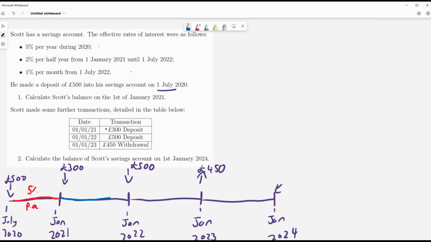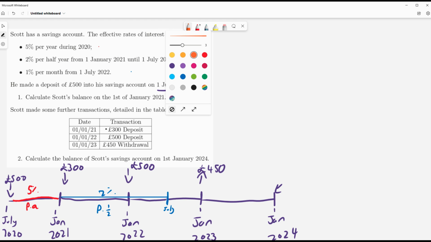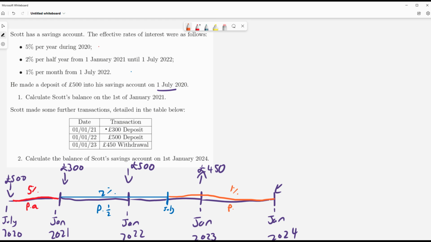So I'll highlight this in blue. This period here, there's a different interest rate. It's 2%, and that's per half year. I'll just put a half to highlight that to myself. And then finally, there's this third interest rate from July to January, and this is 1% per month.